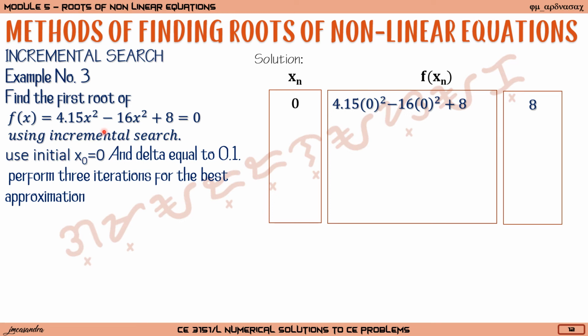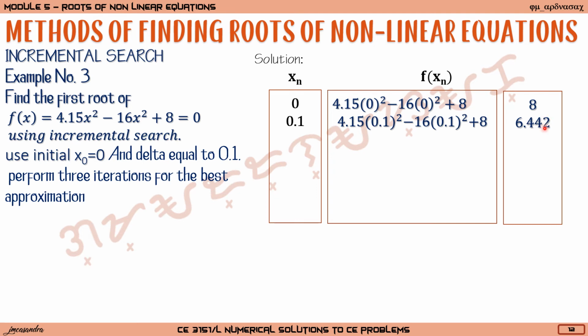This will give us a value of 8. So increment of 0.1, so 0 plus 0.1, 0.1. Substitute this in our equation. That's 4.15 times 0.1 squared minus 16 times 0.1 plus 8 will give us 6.442. So walang change in sign, walang nag-0.